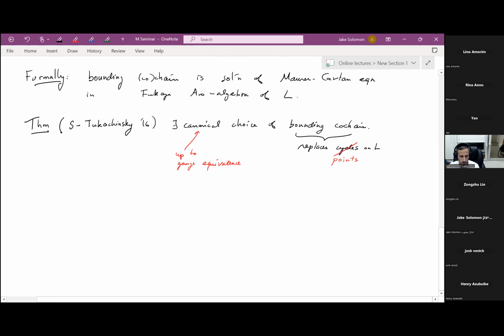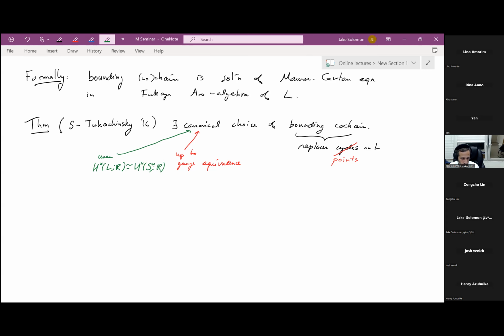This is for things which are cohomology spheres. So this canonicity uses the cohomology sphere condition. There are ways of getting more general results, so you can remove this condition. For example, if you assume that L is the fixed points of an anti-symplectic involution, or maybe that's in our paper as well.